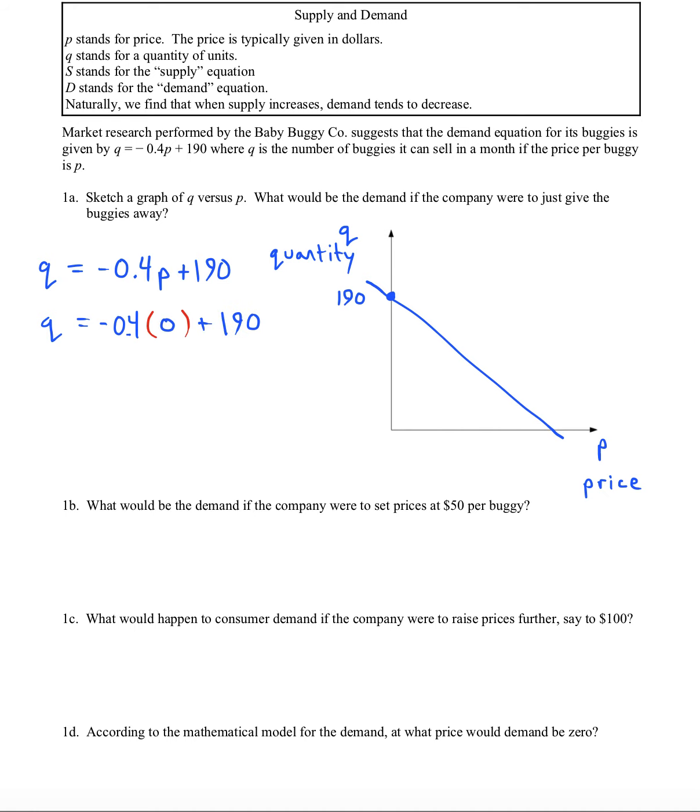So let's plug in a 0 there. Let P equal 0. And we get Q is 190. So consumers would demand 190 buggies.